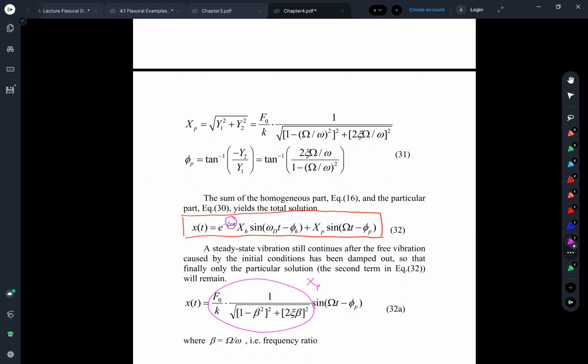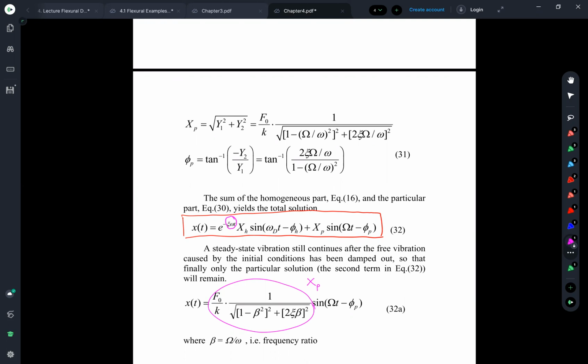But the second term doesn't contain any decay term, decay function as in the first term. Therefore, when time increases, most likely the second term will control the solution, since the first term becomes smaller and smaller with time.